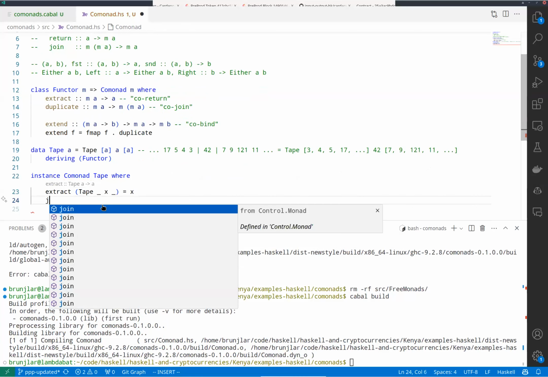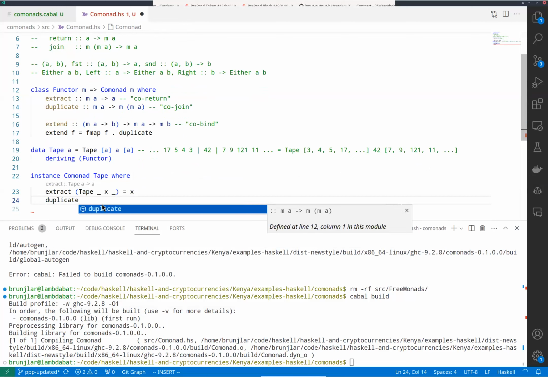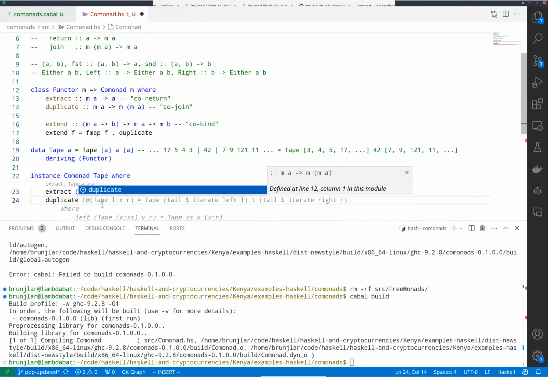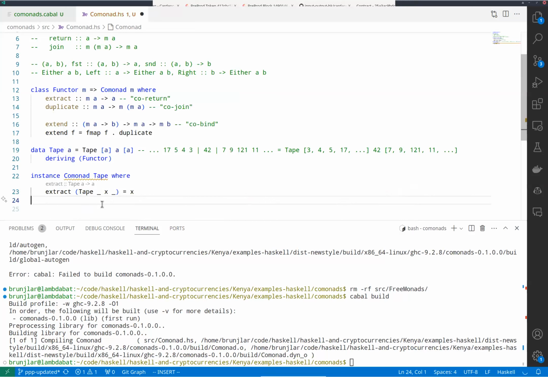Now let's think about duplicate. Duplicate means I now have a tape of tapes.